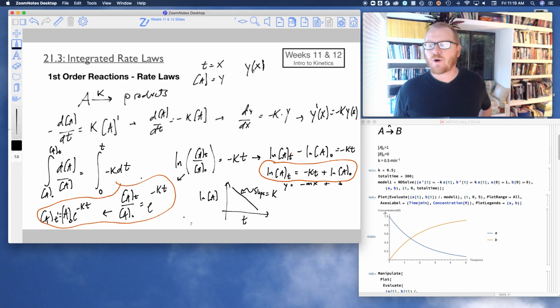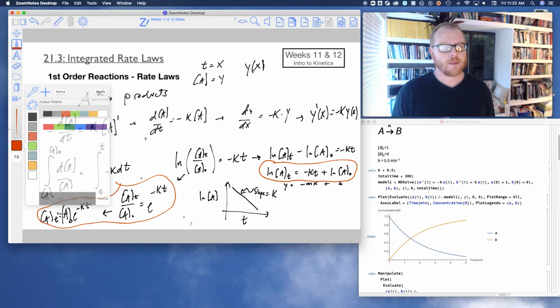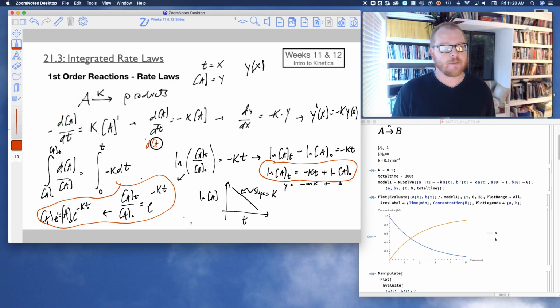Okay? So now what about the rate law for the product? Well, I said up here, if I was really interested in, let's say, dB by dt, that's just going to be positive k times A. We still think of it in terms of the reactant when I write the rate law.